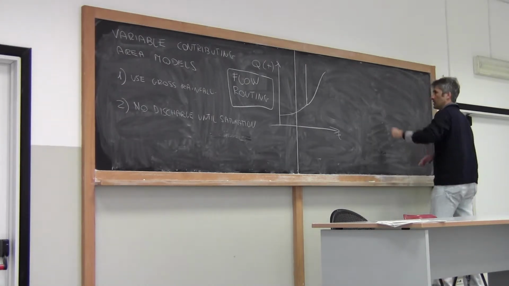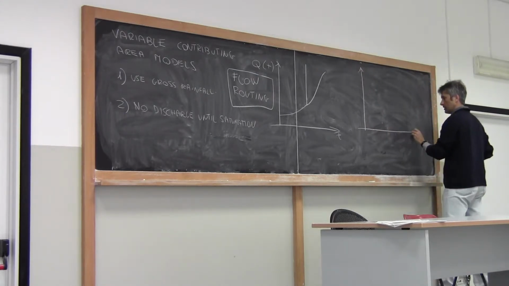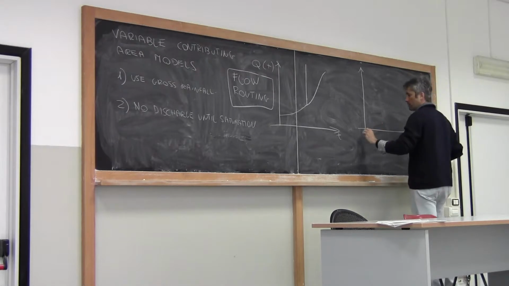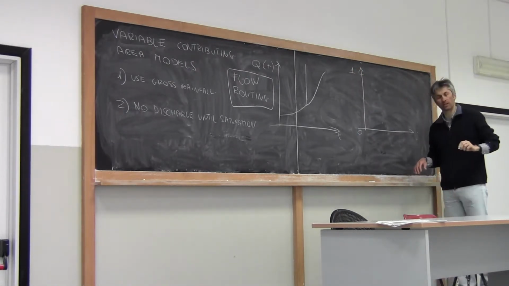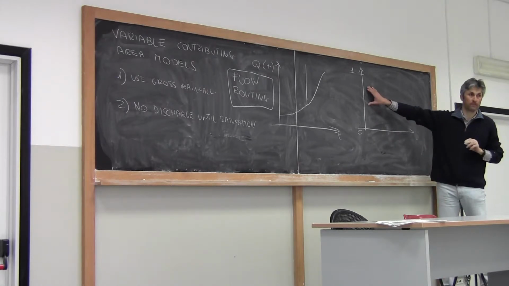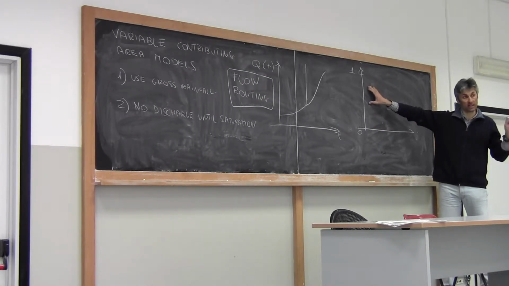So let's write in a graph varying from 0 to 1 in the ordinates, sorry, on the y-axis I visualize the percentage of saturated catchment area.